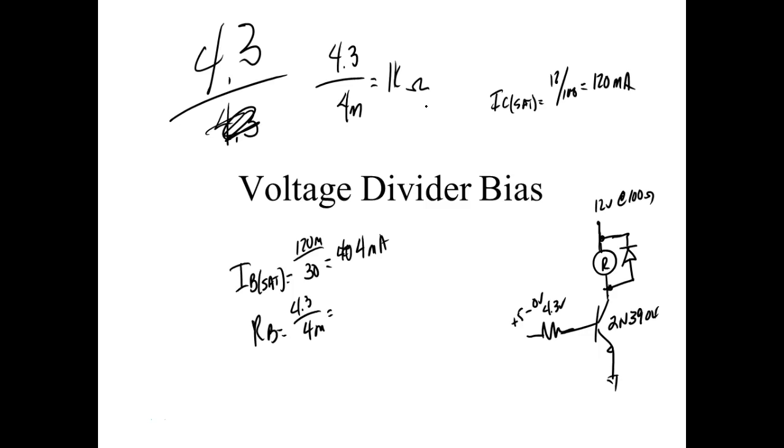Just punching the numbers in your calculator, and this is the problem a lot of people have, is they'll come up here and say 4.3 and then divide it by 4. And we have this biggest problem with DC, where they just drop the engineering notation.